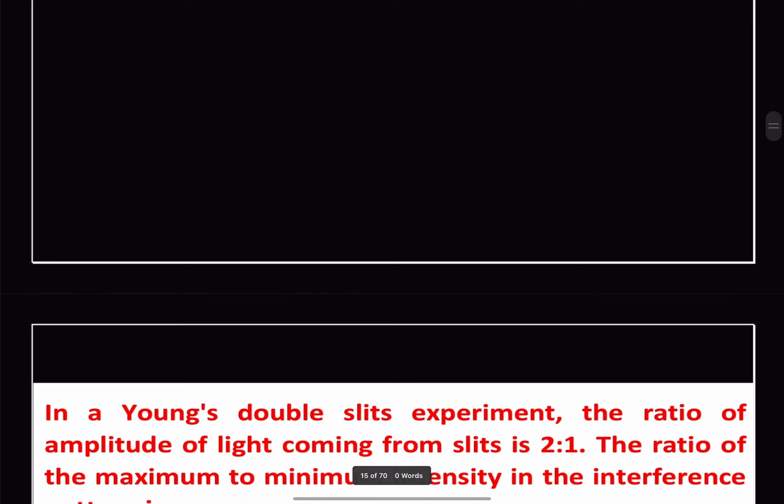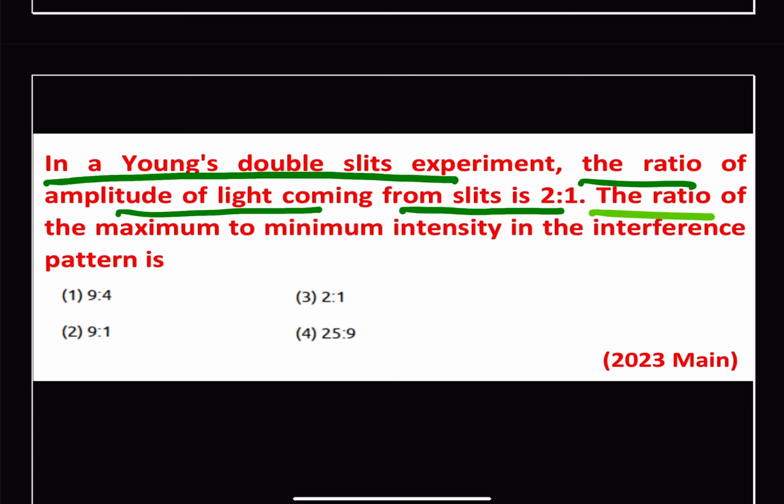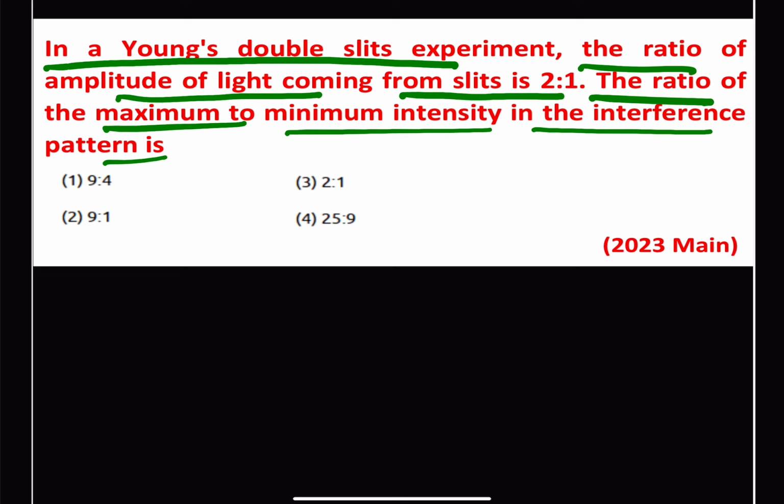Next question states that in a Young's double slit experiment, the ratio of the amplitude of light coming from the slits is 2:1. The ratio of the maximum to minimum intensity in the interference pattern is. So we are given amplitude ratio as 2:1, and we know the relationship or direct formula between maximum minimum intensity with respect to their amplitudes.